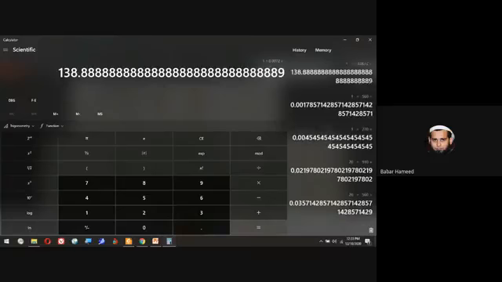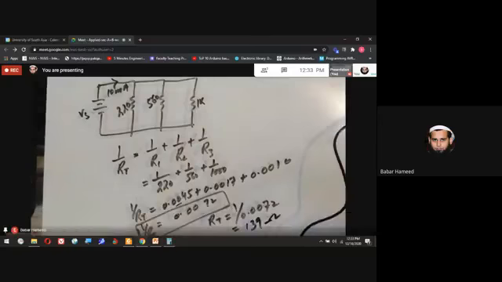It is approximately 139 ohm. So RT here is 139 ohm.